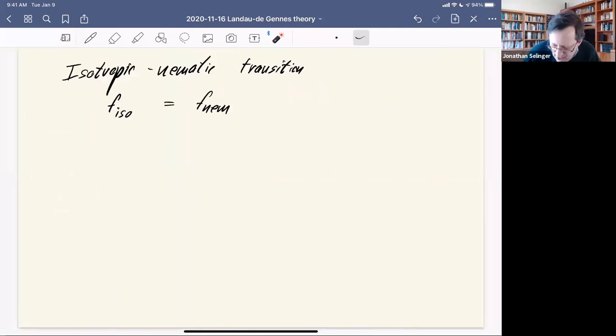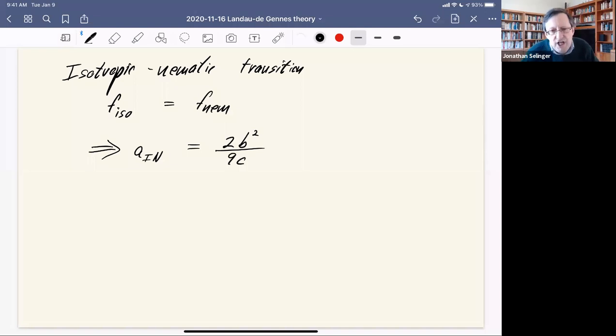The answer is that this occurs when the parameter A at the isotropic nematic transition is equal to 2b squared over 9c. And you can calculate that for practice.